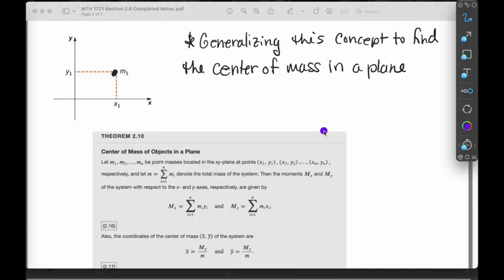So now we're going to generalize this idea and extend it from one-dimensional to two-dimensional. So when we look at a mass in the xy coordinate plane, the distance from the origin is going to be defined as an ordered pair, x, y.